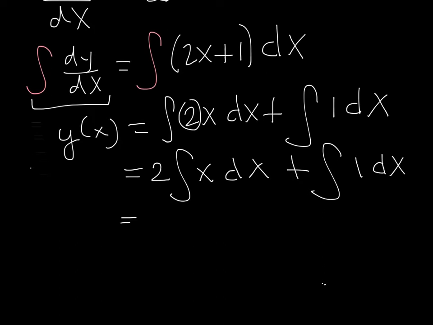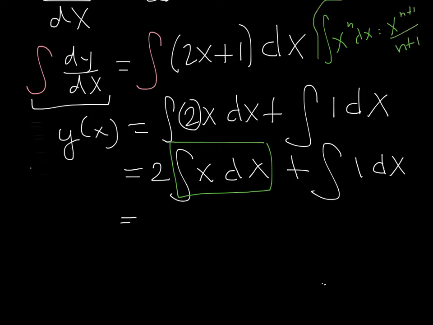So 2 times, what is the integral of x? Here we're just going to use the power rule for integrals. Remember that when we integrate x to the n dx, it's going to be x to the n plus 1 divided by n plus 1, the opposite of what we do with the derivative. So in this case, I'm going to have 2 times x, which is really the power 1, so x squared over 2.